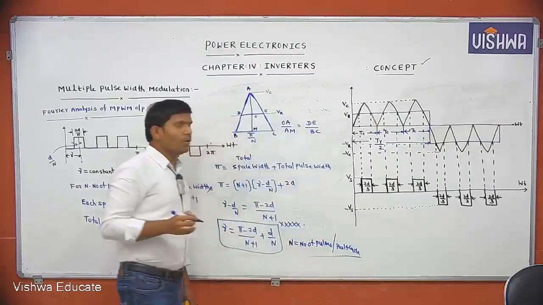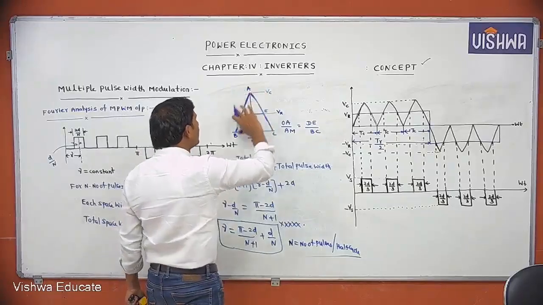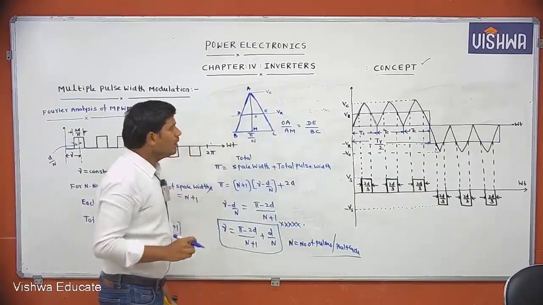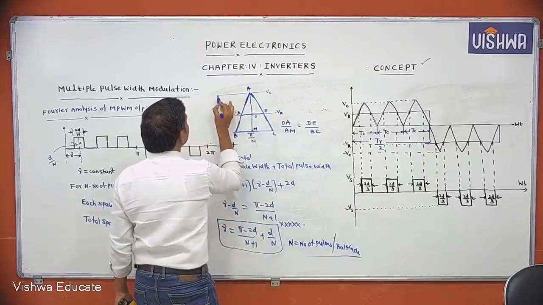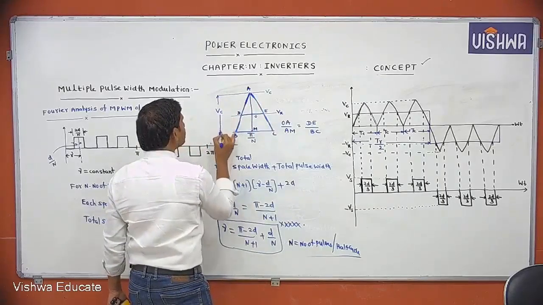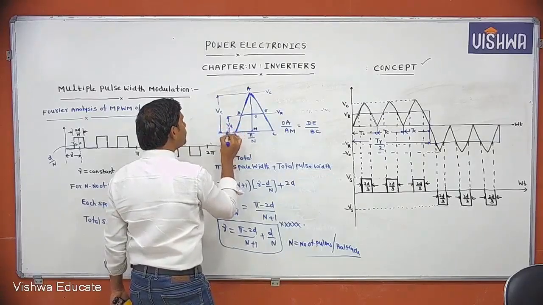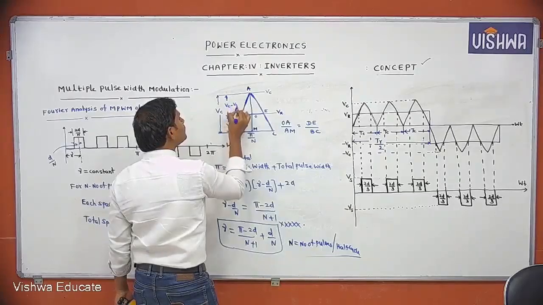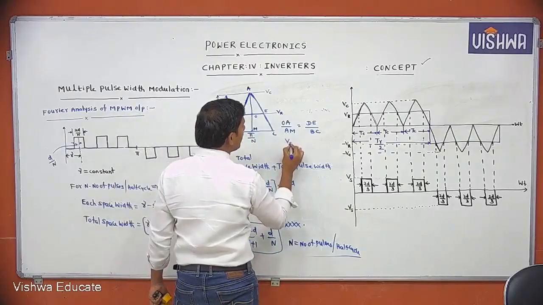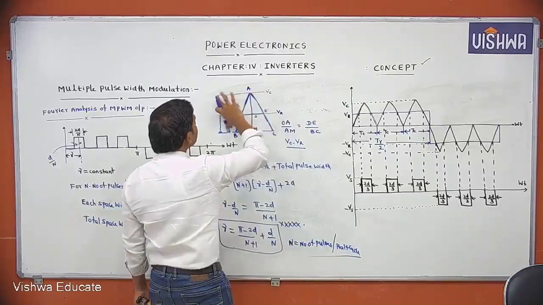ADE is one triangle, ABC is the other. What is OA? This total is VC and this is VR, so it is VC minus VR. What is AM? AM is nothing but the total, VC.